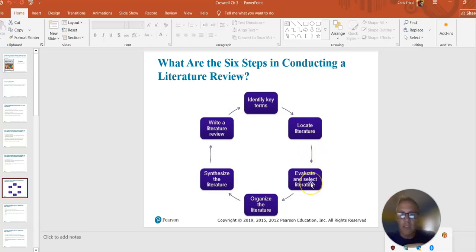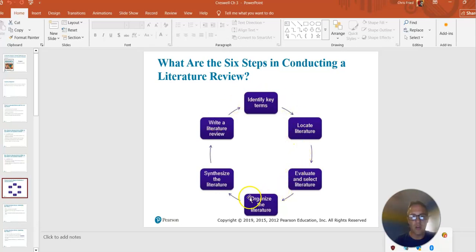You're going to evaluate and select the ones you want to review, look at, analyze, and then you organize it based upon topics, okay? And maybe subtopics, depending upon as you start to evaluate and look at it, you start to kind of find themes and information that is similar and organize it. Then you synthesize it, you analyze it, you break it down, and then you start to write about it.